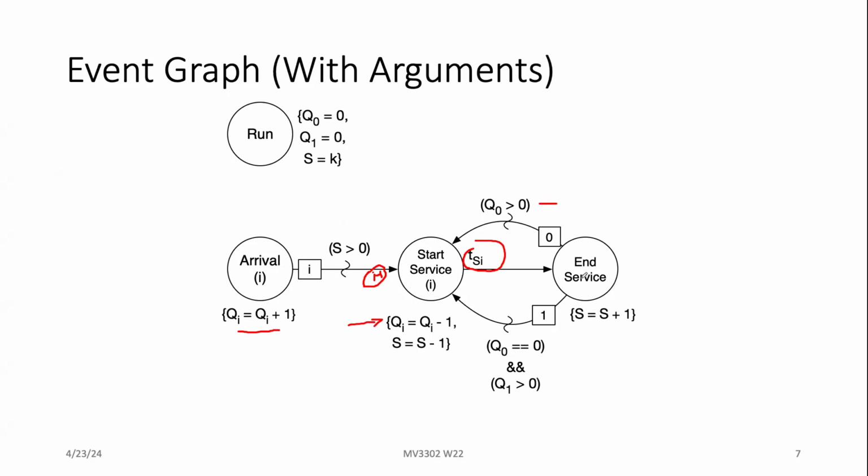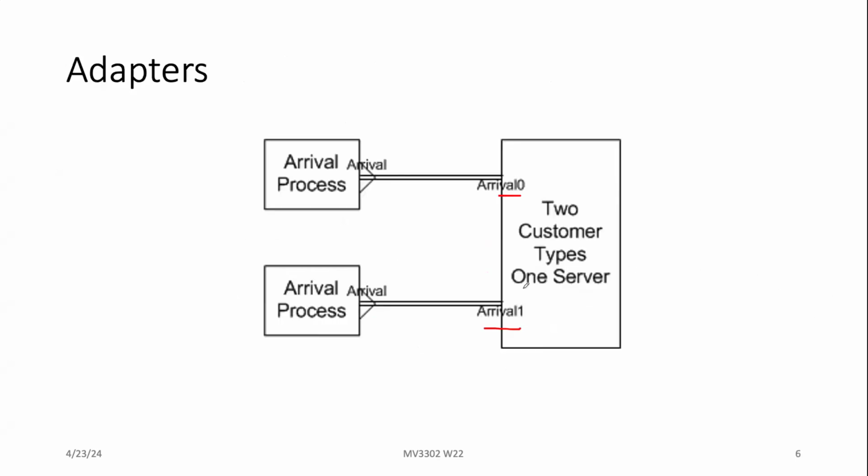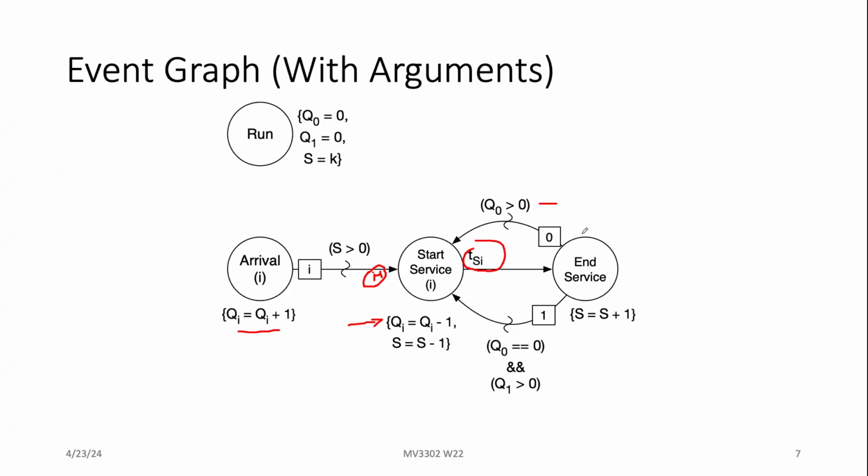Why? Because the type of customer I just finished on has no bearing on what I do next. If I finished on a high priority one, what I do next depends on whether there's a priority 1 or a priority 0 waiting, and vice versa. So this gives me no information about what I do next, and so I need to actually deal with it.